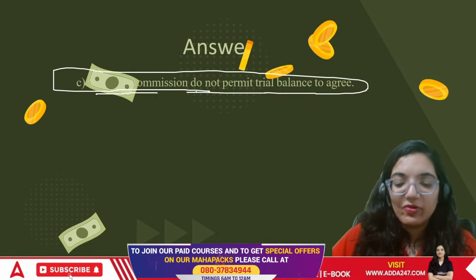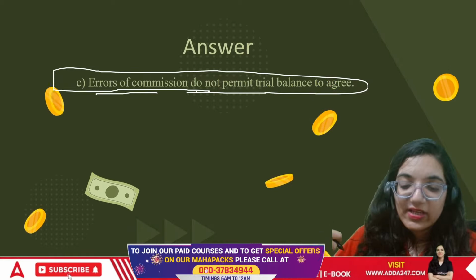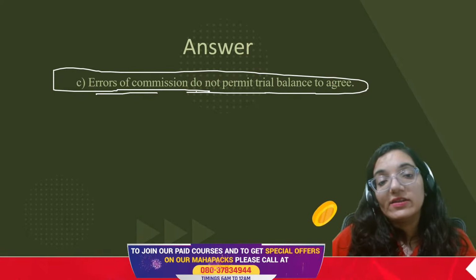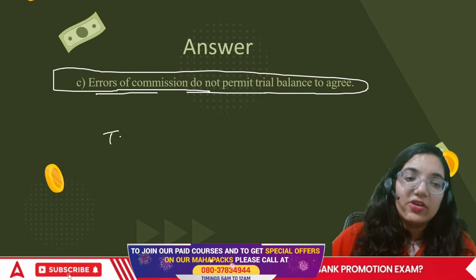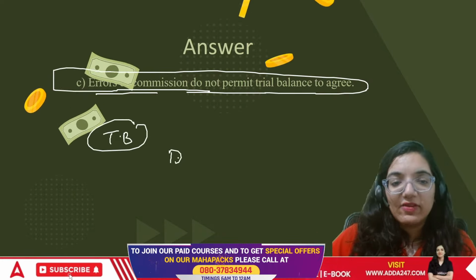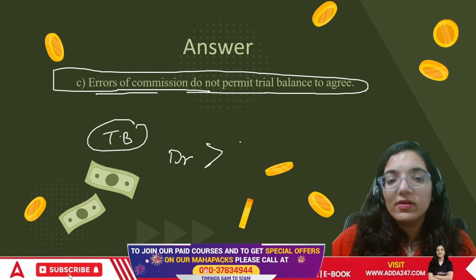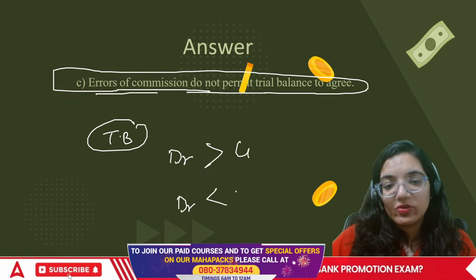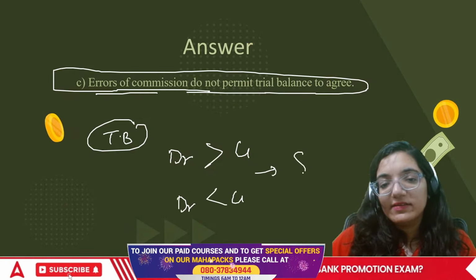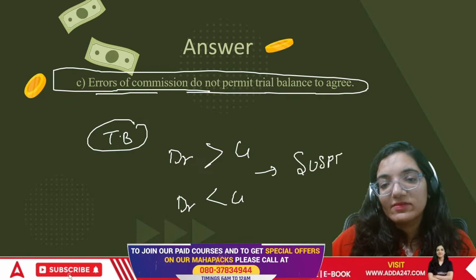That's an exceptional point related to it, that it does not allow it to agree. In terms of errors of commission, normally your trial balance will have either more debit or more credit. And when you have such a situation, what will happen? You will create a suspense account.